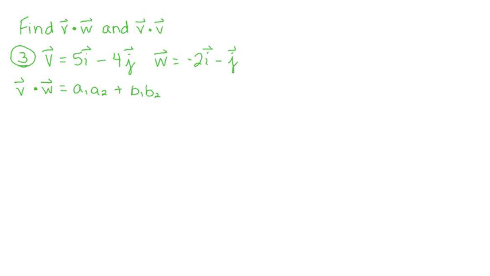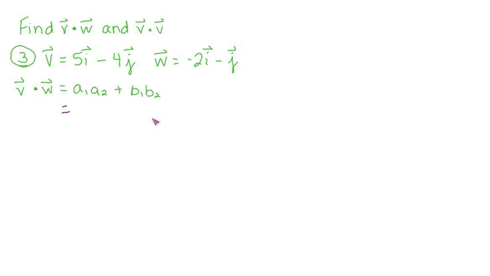Let's get right to an example. First, we want to find the dot product of the vectors v and w, and then the dot product of the vector v with itself. This is number 3 in our text. What are we going to do? I've copied our formula down. It's a1 a2 plus b1 b2.